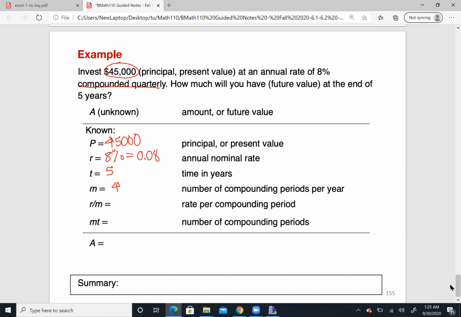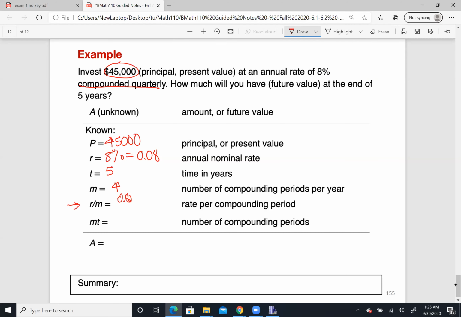So now I just try to find r over m, which means 0.08 over 4. What is that equal to?